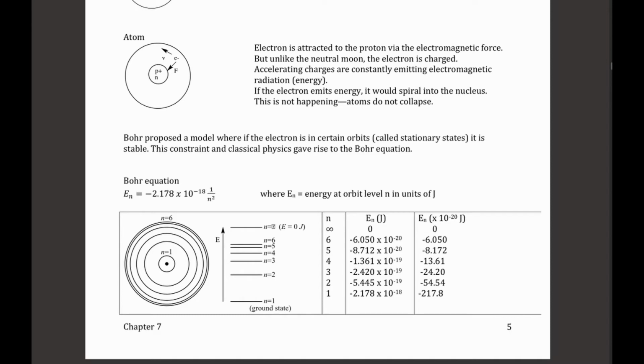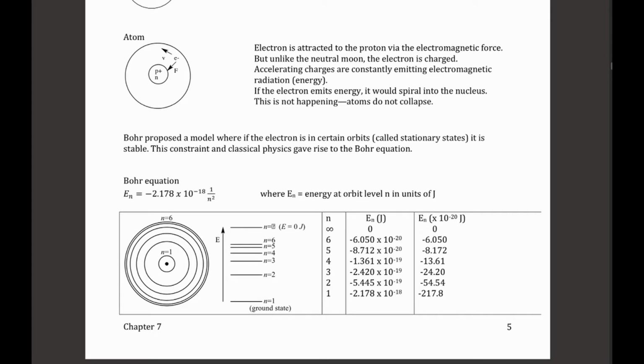If we convert from joules to times 10 to the minus 20 joules to try to get more of a sense of those numbers, we have that last column of numbers. So the ground state, the lowest energy state, has the energy of negative 217.8 times 10 to the minus 20 joules.